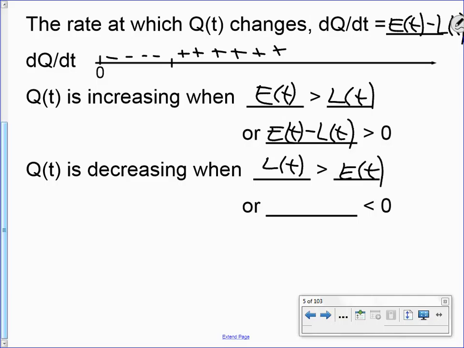Let's get the order right. Yeah, so rate in minus rate out is going to be negative. So when rate in minus rate out is negative, your quantity decreases. When rate in minus rate out is positive, your quantity increases.